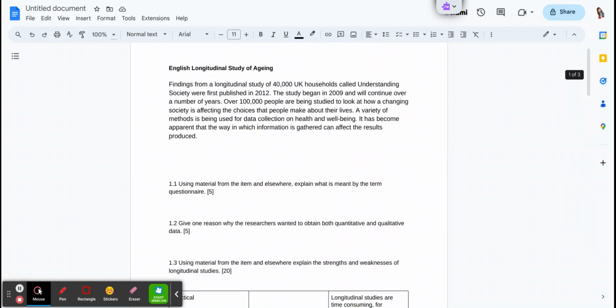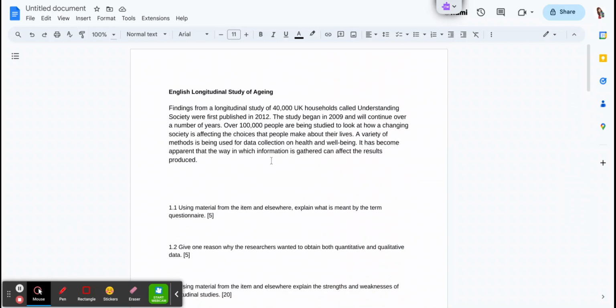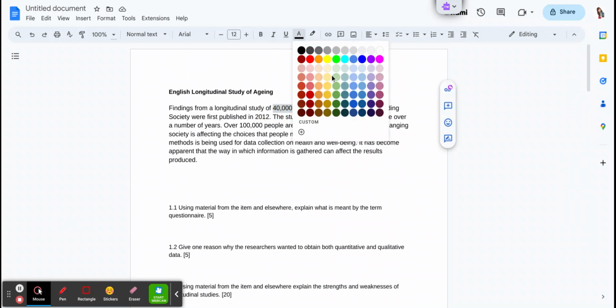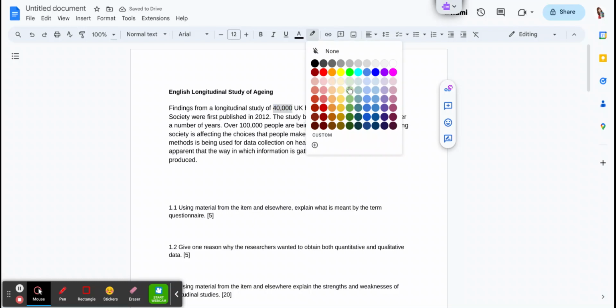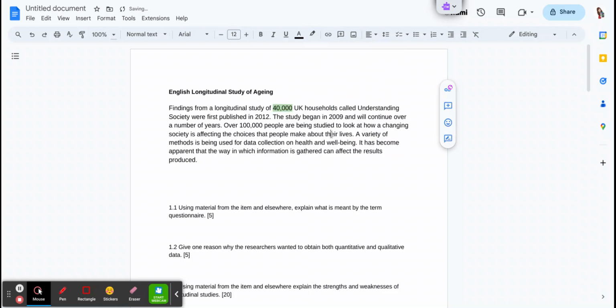Now, in the item, remember, if they ever use a number, it's hinting at rep and gen and sample size. So they have findings from a longitudinal study of 40,000 UK households called Understanding Society were first published in 2012. The study began in 2009 and will continue over a number of years.